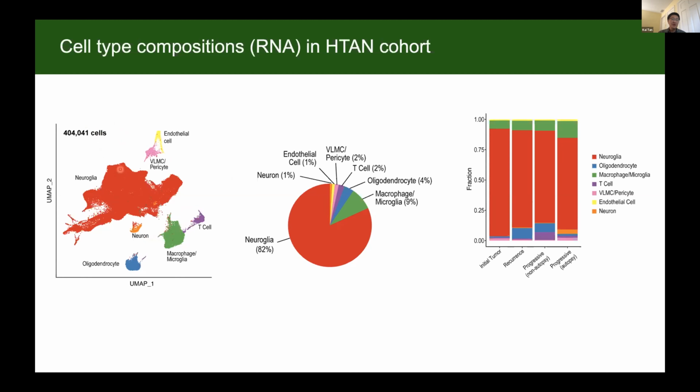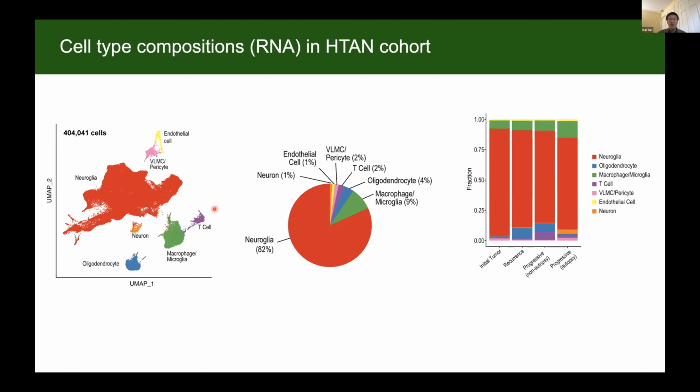As you can see, the major cluster is the neuroglial cluster in the middle. We also captured some normal, healthy oligodendrocytes and neurons.